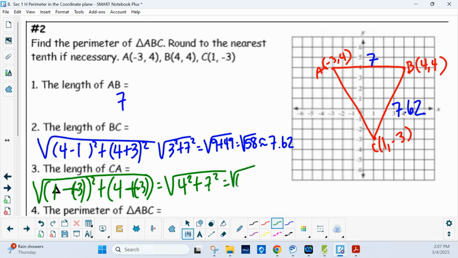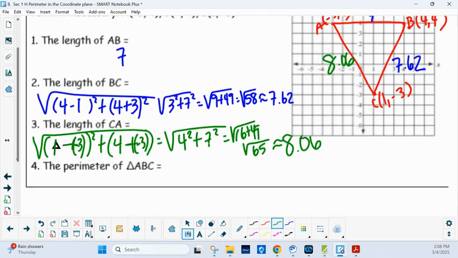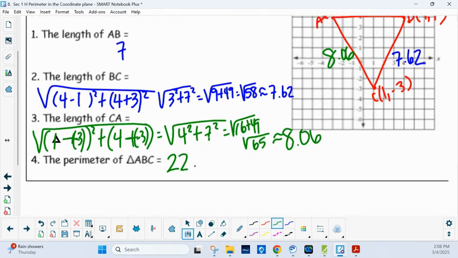Okay, so 16 and 49, what do they add? 65, square root of 65. 8.06. Okay, the perimeter then, adding them up. 68. So you can always use the distance formula for sure.